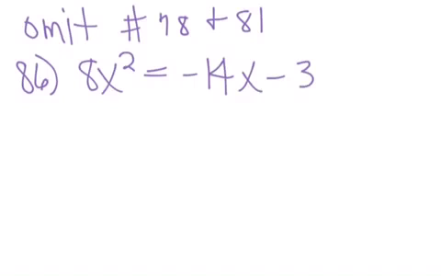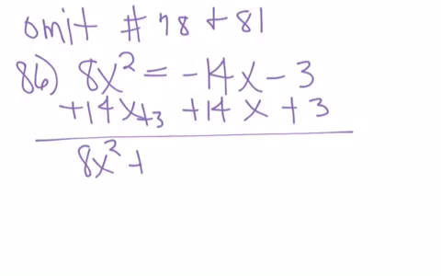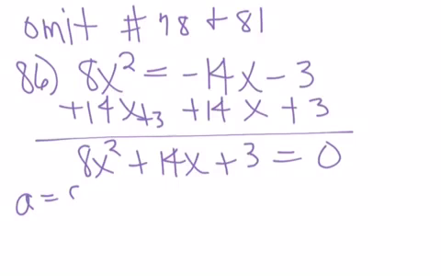You can't do the discriminant, just like you can't do the quadratic formula, until everything is on the left. So we need to add 14x to both sides and add 3 to both sides. So that means we have 8x squared plus 14x plus 3 equals 0. So A is 8, B is 14, C is 3.